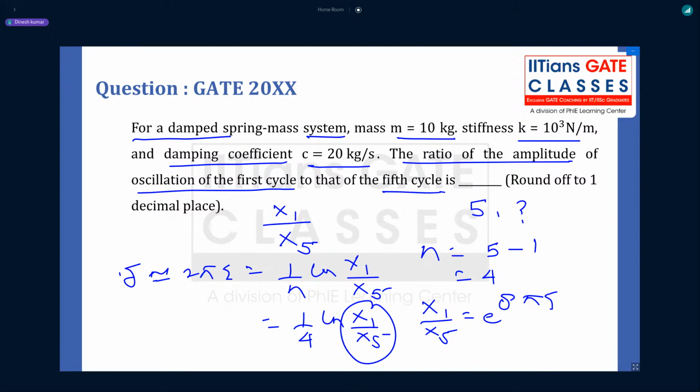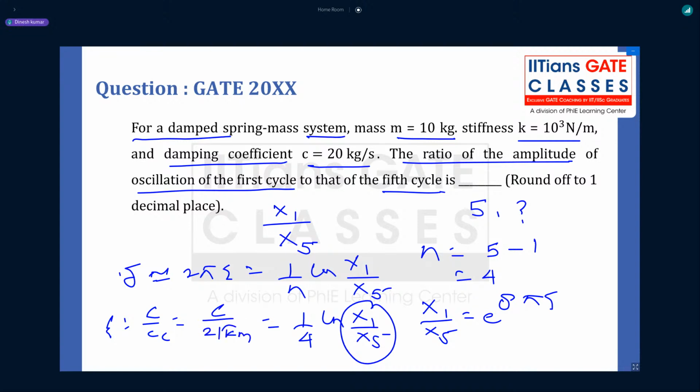Now, how will you find zeta, guys? Zeta is unknown here. Zeta is C by Cc, right? So it is C upon 2 under root km.